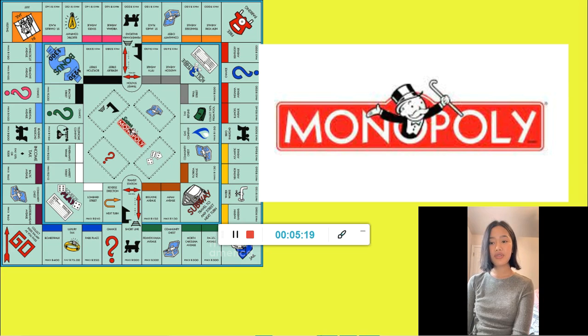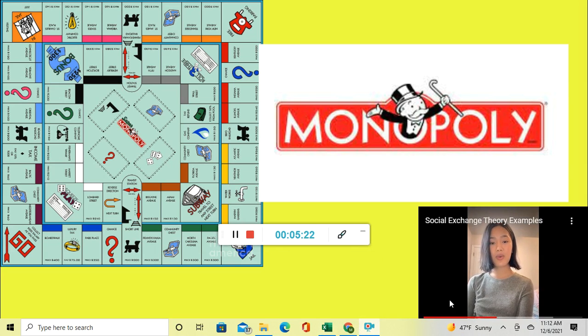It's an individualized game in which everyone's goal is to maximize their rewards, which is earning money. The biggest costs come from landing on other people's property and having to pay the fines that come with it. It all centers around the exchange and balance of cost and rewards.